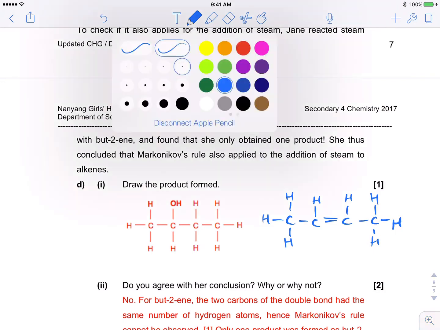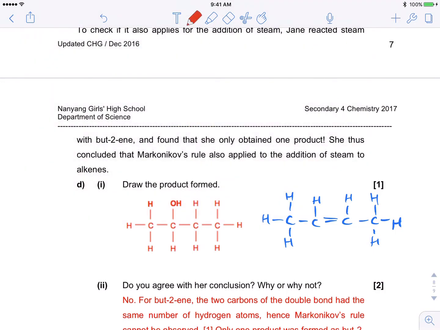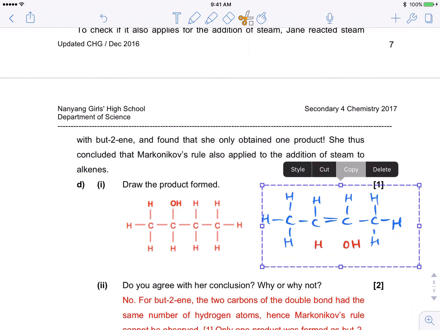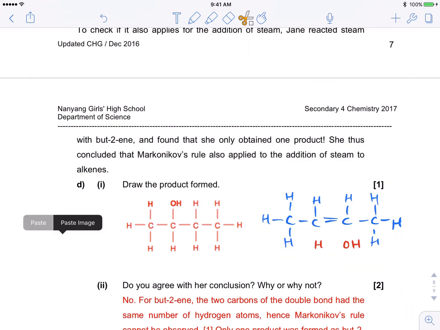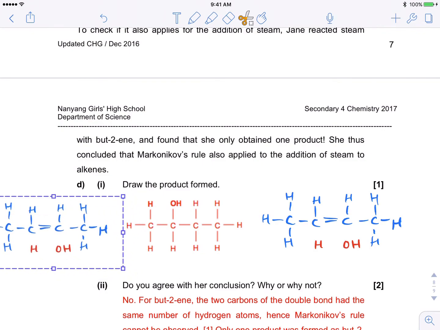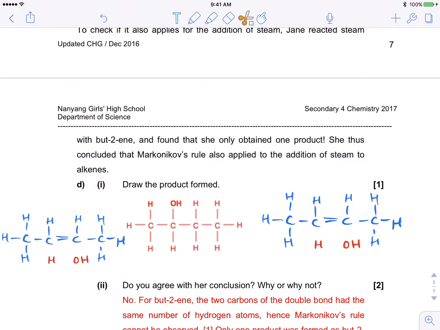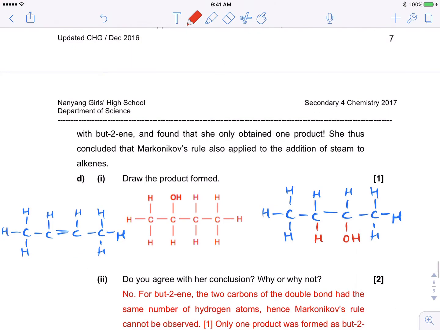Now, how do we add water to it? I can add water like this, H-OH. Or I can add it like this. Or I can add it like this.